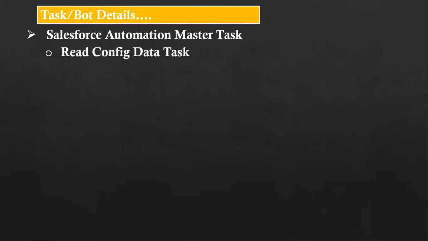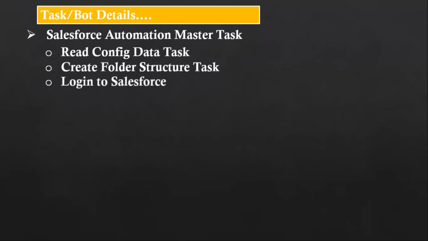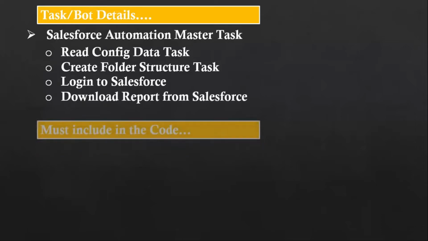The modular bot concept is all about splitting your task into separate subtasks and calling those tasks from your master bot. You can see here the read config task, create folder structure, log into Salesforce, and download report from Salesforce. I have just split this information into separate tasks.